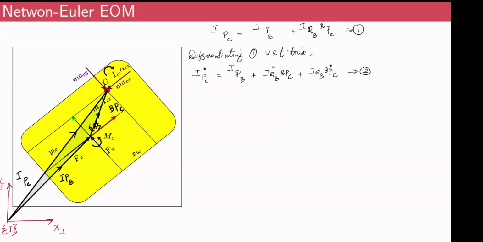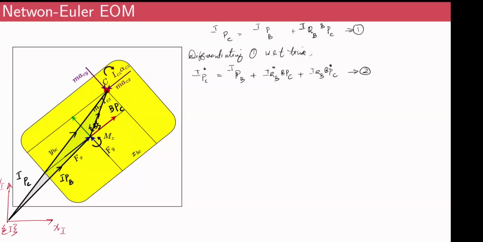Okay, so how can we further proceed from this? Like we have already mentioned, the position vector of C with respect to B is always going to be constant, right? Because the position vector is defined with respect to frame B, and no matter how the mobile robot moves, since frame B is attached to the mobile robot, this vector is always going to be constant.